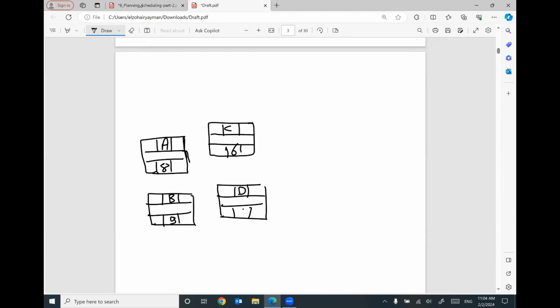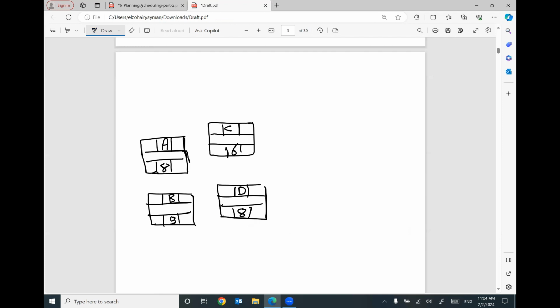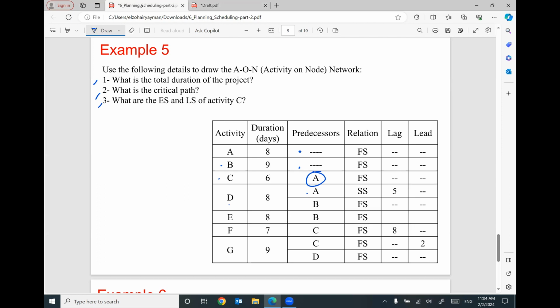The duration for D is 8. For C, we have a predecessor A with a finish to start relationship. For D, we have predecessors A and B. But be careful. For the relationship between D and A, it's a start to start.